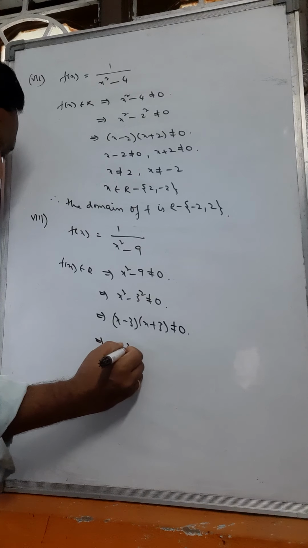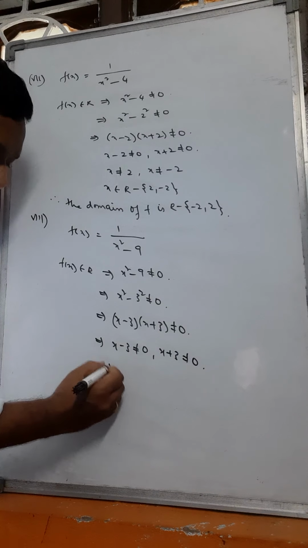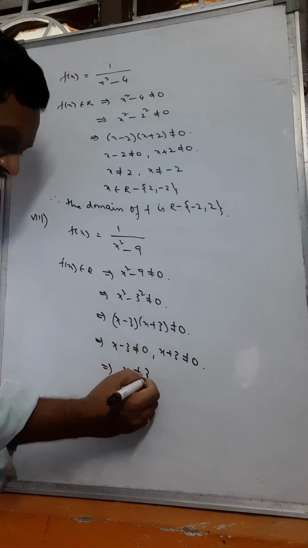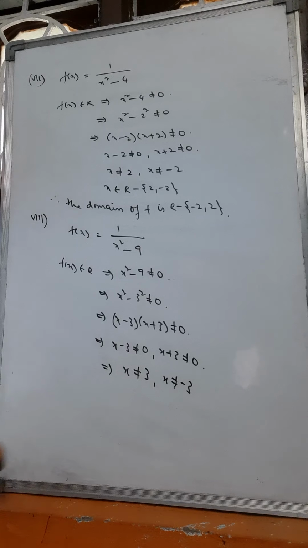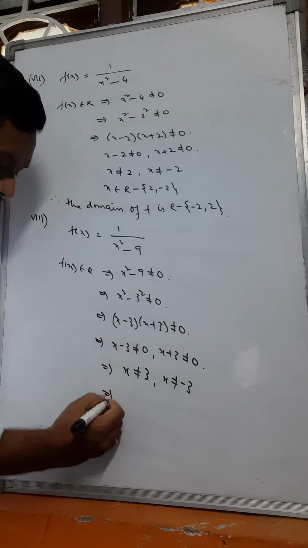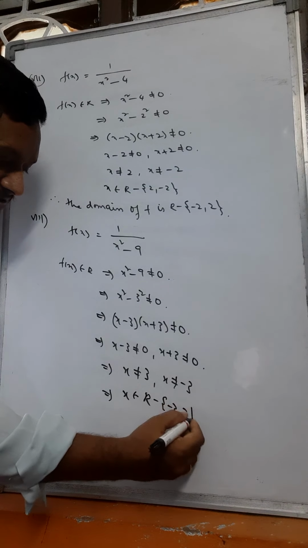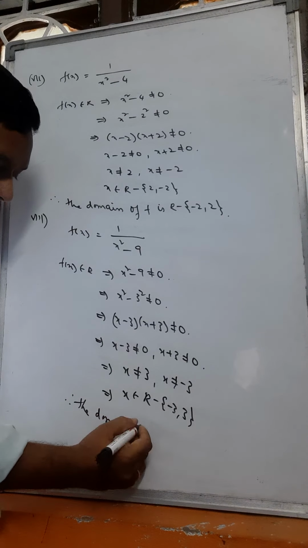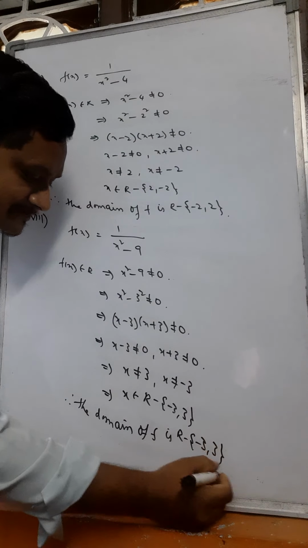That means x minus 3 is not equal to 0 and x plus 3 is not equal to 0. From this, x is not equal to 3 and x is not equal to minus 3. So all the real numbers except 3 and minus 3. So x belongs to R minus {minus 3, 3}. Therefore the domain of f is R minus {minus 3, 3}.